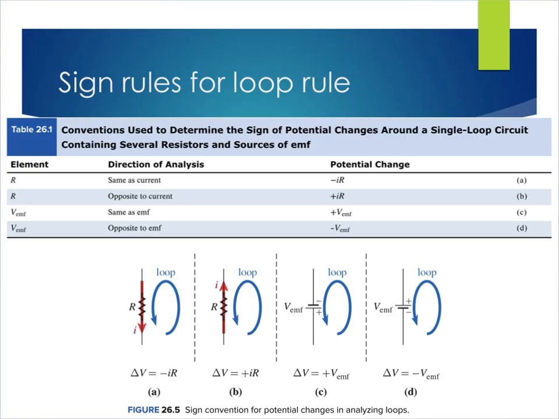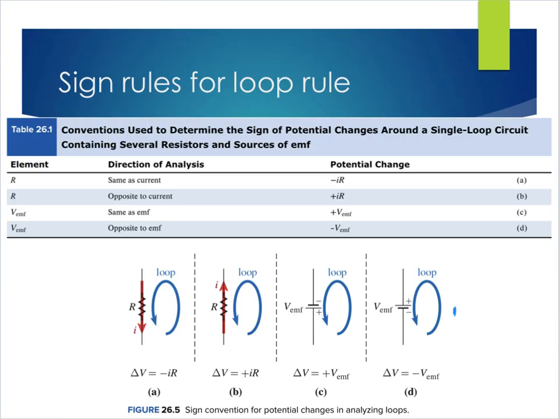Now, we'll talk about how we go around in a loop. You get to choose. There's lots of freedom in these problems in that you get to choose how you approach them with some guardrails on them. But when you look at a loop, basically the only restriction is you want to begin where you ended.